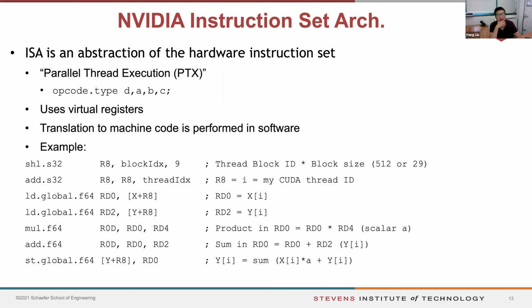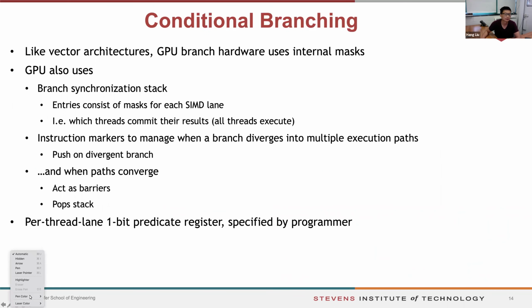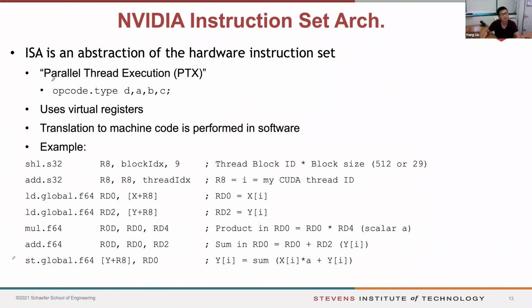So NVIDIA's GPU instruction set architecture is called PTX, Parallel Thread Execution. For PTX, they essentially have an opcode type, like signed 32, floating point 64, and then the destination with up to 3 potential sources.